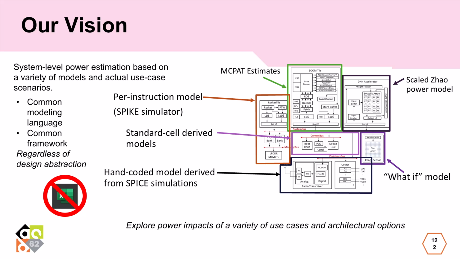And what we were hoping to show is that you can use IEEE 2416 to model all these things in a single simulation using a common modeling language, a common framework for power, regardless of what design abstraction you have to use, and all without the use of spreadsheets.